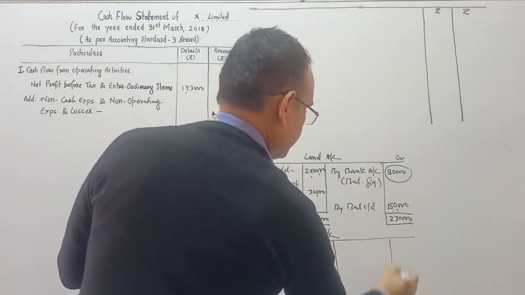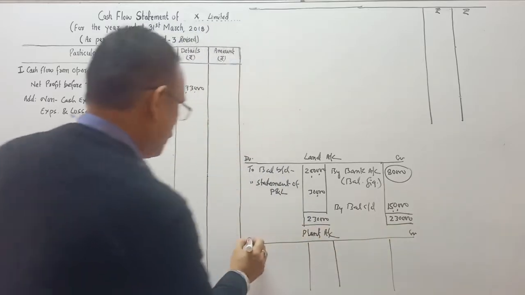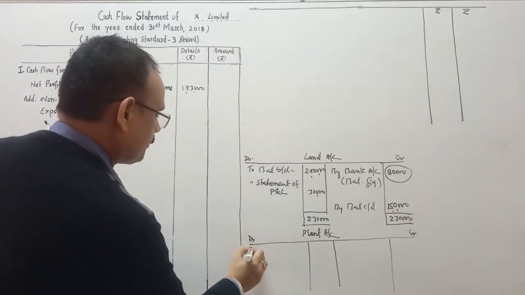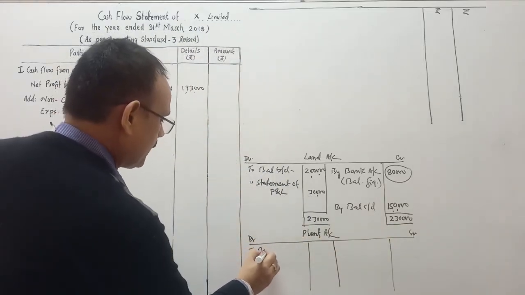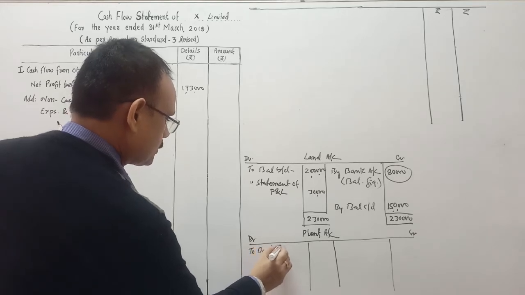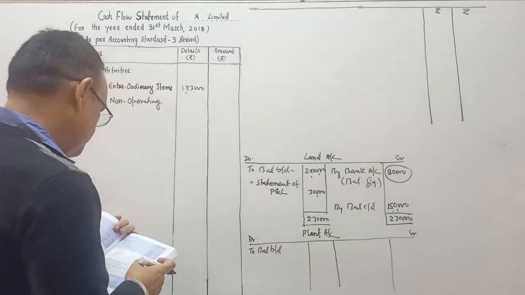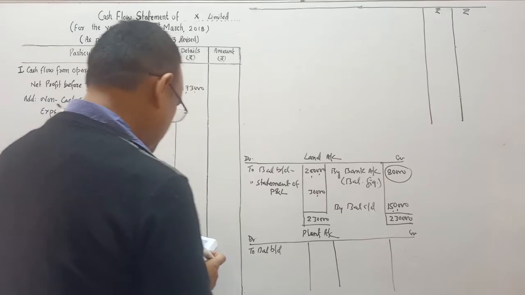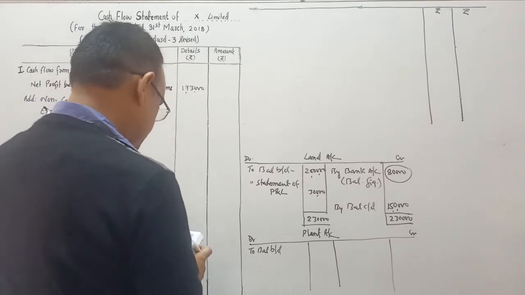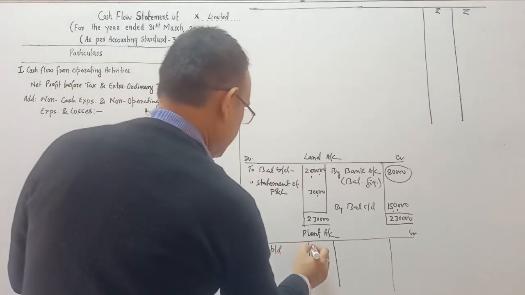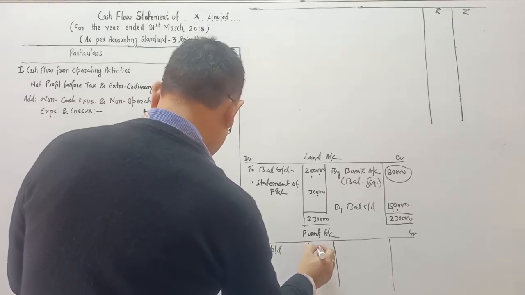Now see, in the plant account, the opening balance of plant given in the question, see note number 3, is 3 lakhs.